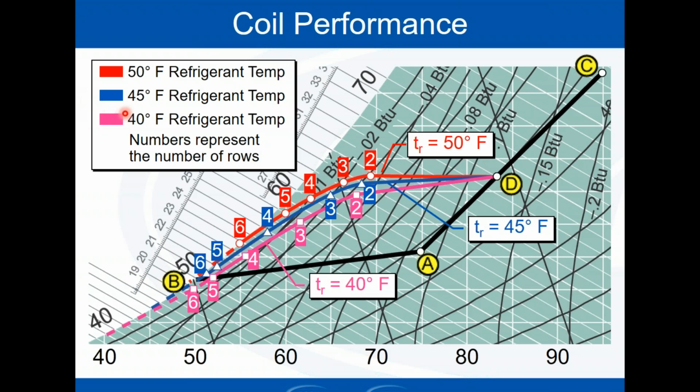If I had a colder refrigerant, pink, 40 degrees, I would go from D to pink 4, way down here, and you can see my slope would be much steeper, so my sensible heat ratio would be a much lower ratio, which means less sensible, more latent. So the temperature of the fluid, refrigerant or chilled water in our example, as well as the bypass factor, will contribute to the sensible heat ratio. So hopefully that answers Michael's question.